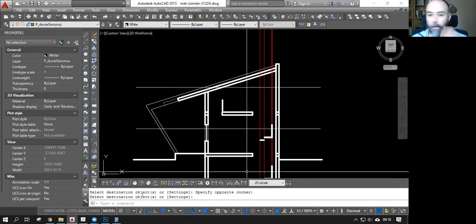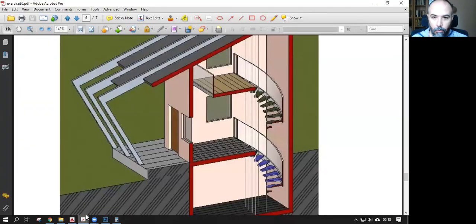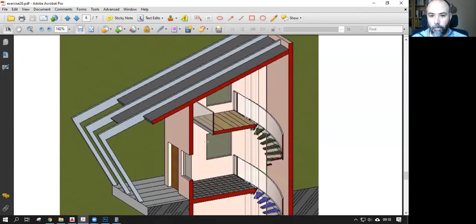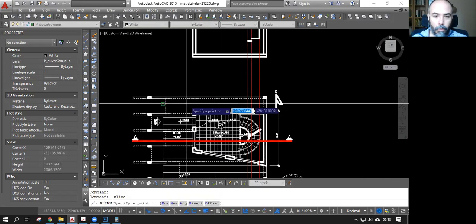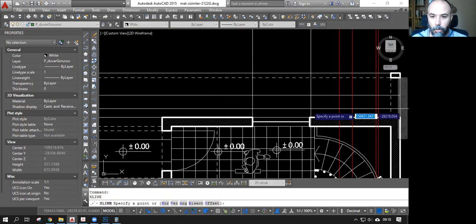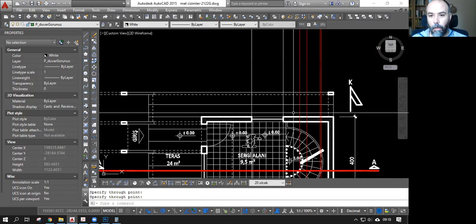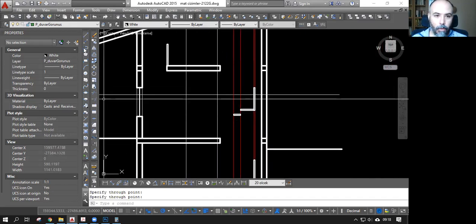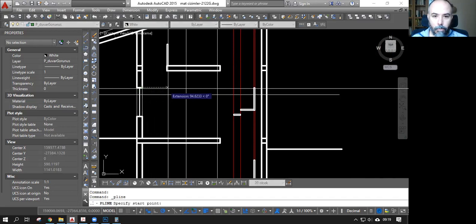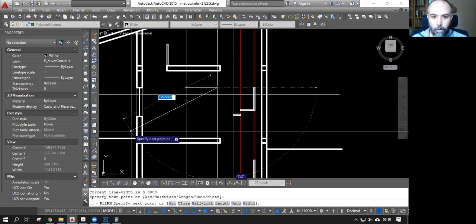So now let's check what we are going to see when we look towards this direction. We will be able to see the inner surface of this wall, and there are two windows in both the ground floor and the first floor. So I am going to transfer the position of the windows, and I can find their appearance by using my section here.